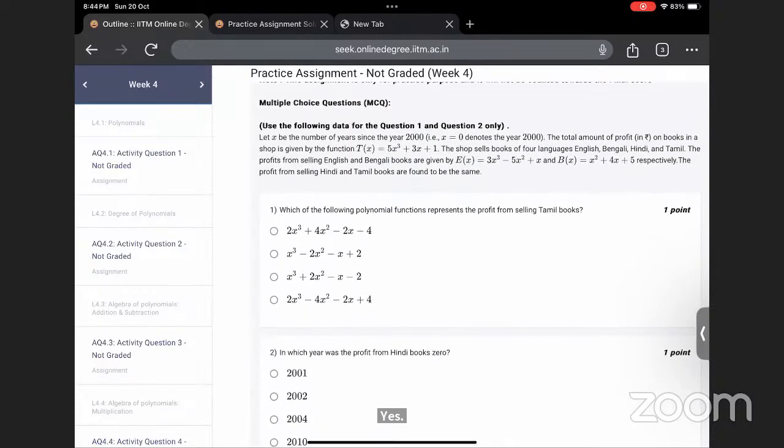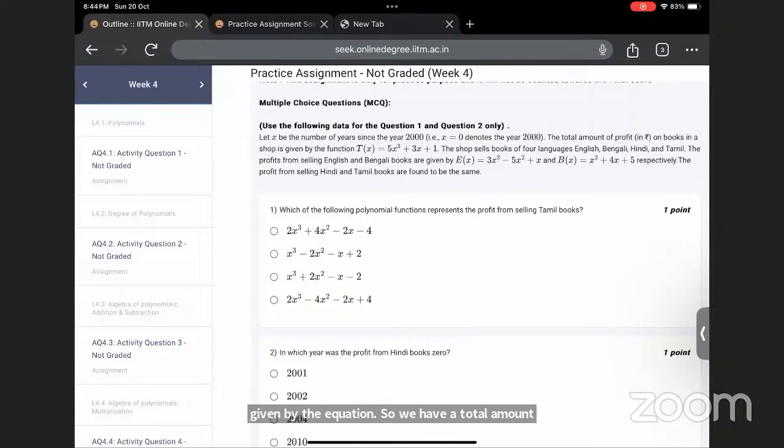So, what about question 1? Let us start with something easy. What is the description given here? Let X be a number of years in 2000, and the total amount of profit on books in a shop is given by the equation. So we have the equation of the total profit, right?